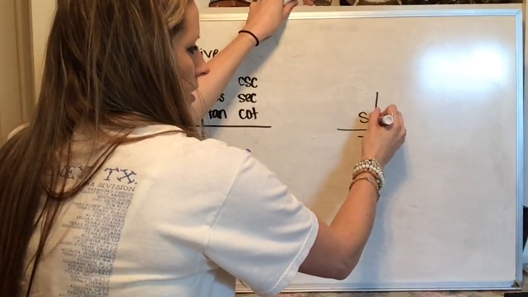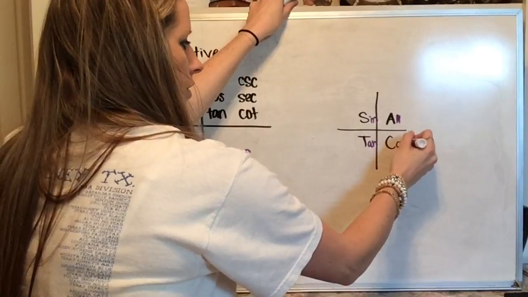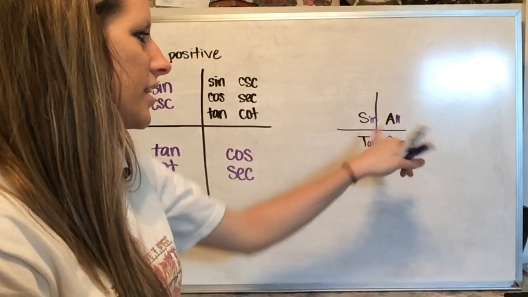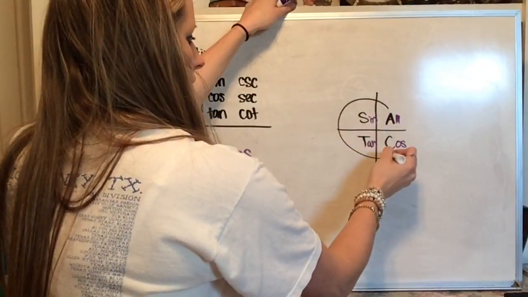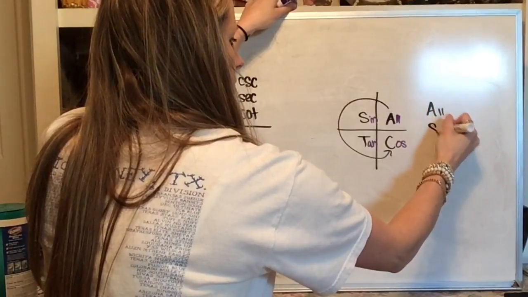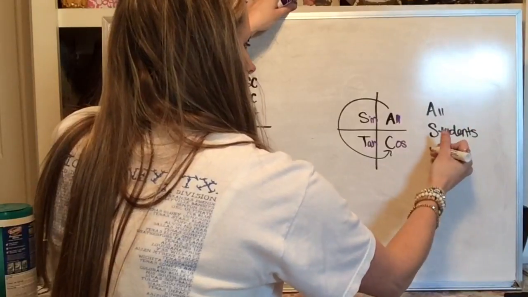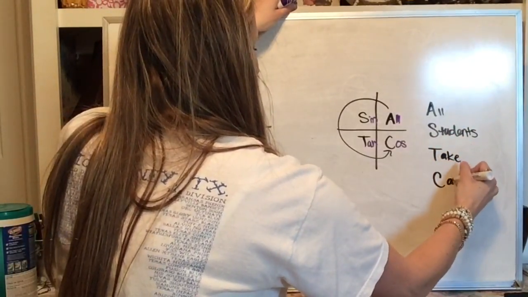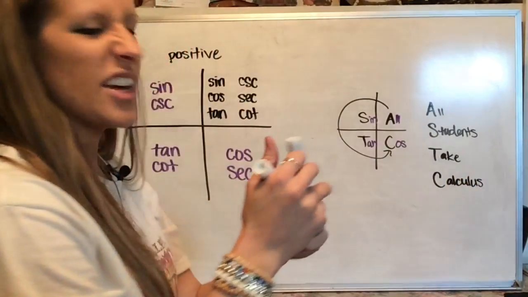The S is for sine, T is for tangent, C is for cosine. Okay, and what I was taught that this stood for, if you go counterclockwise like that: All Students Take Calculus. That's how I learned it.